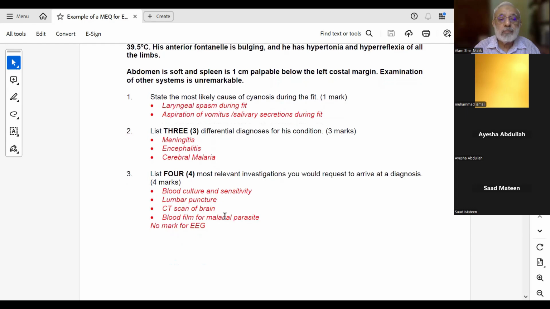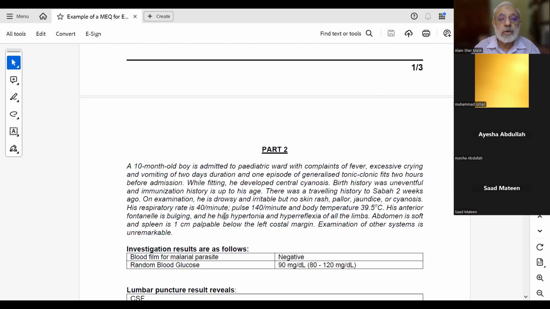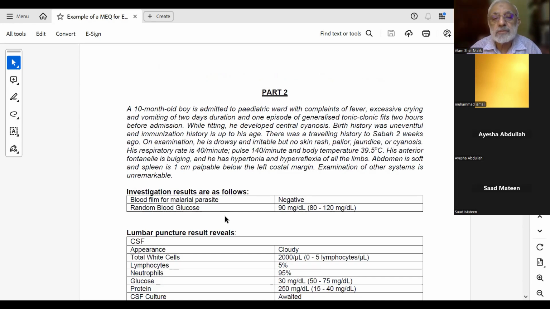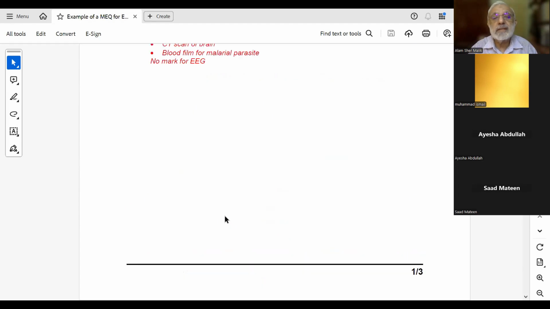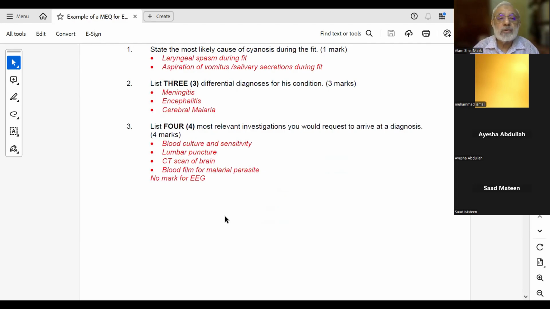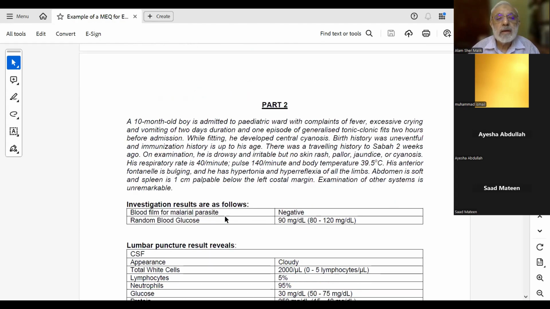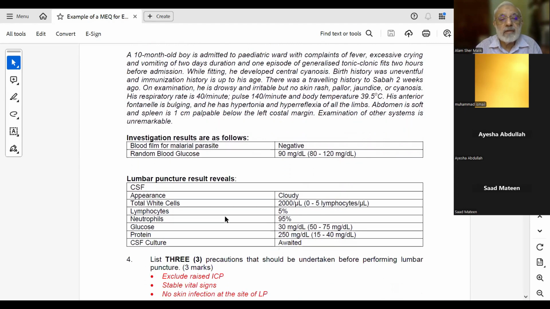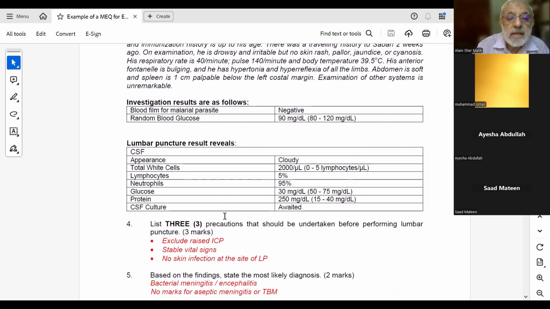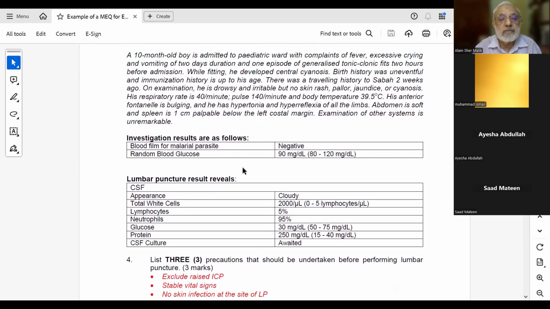Then we move on to part 2. Once students have submitted the answers to part 1, they would not have access to that part anymore. So in part 2, we give a summary of the previous scenario, and here we have added some investigations. For example, we say that we have done the lumbar puncture of this patient.